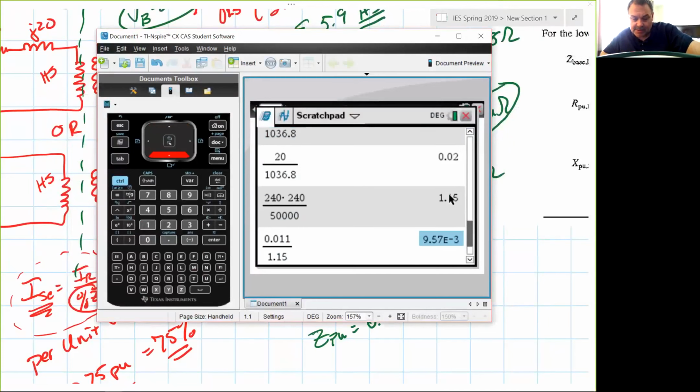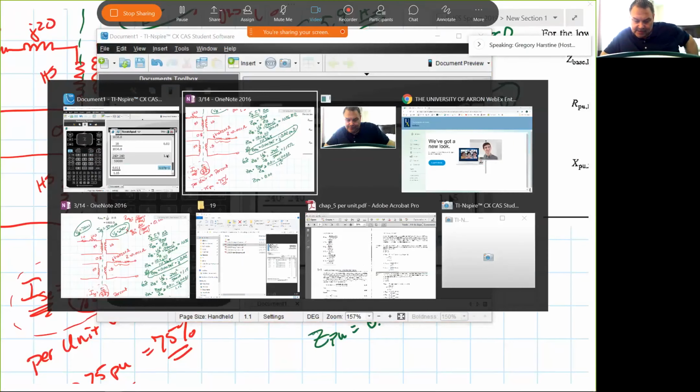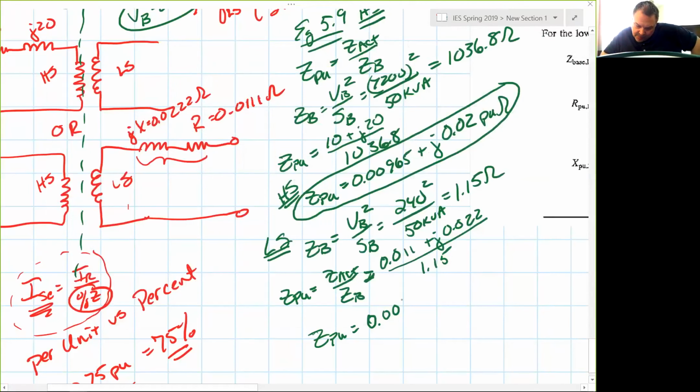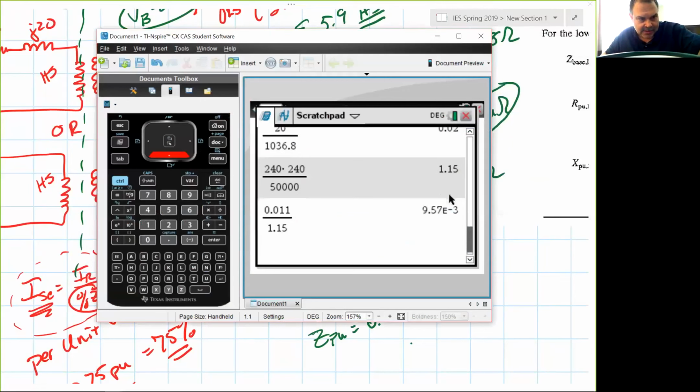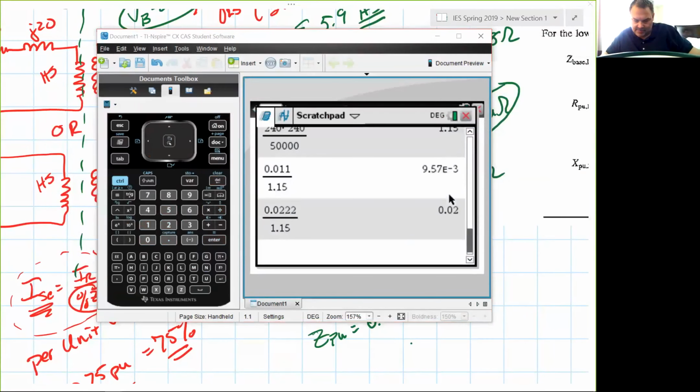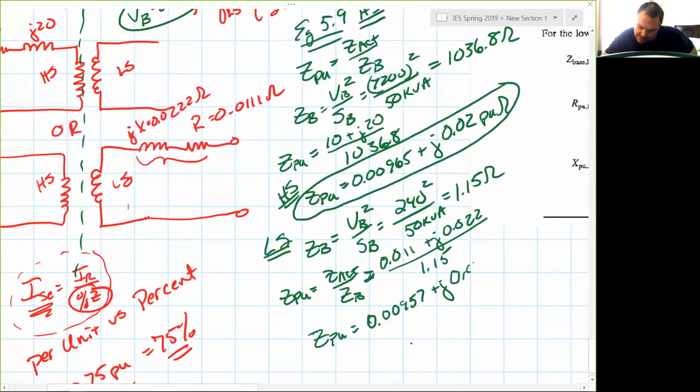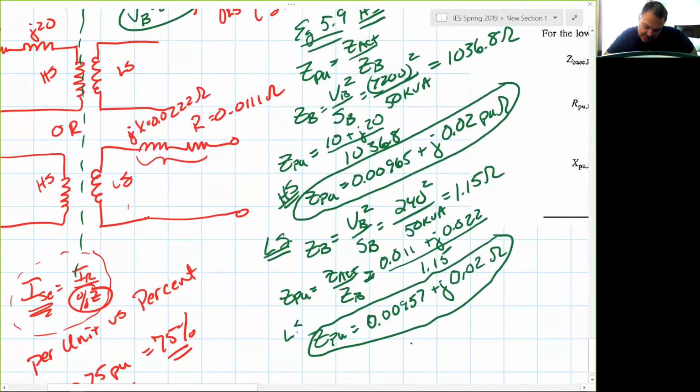This is probably a case where I should have let the significant digits go out a little bit more. 0.00957 plus J0.0222 divided by 1.15 is 0.02 per unit ohms on both sides.